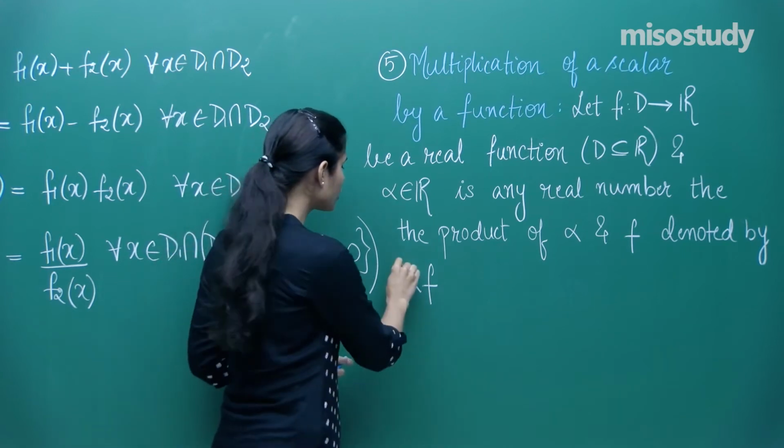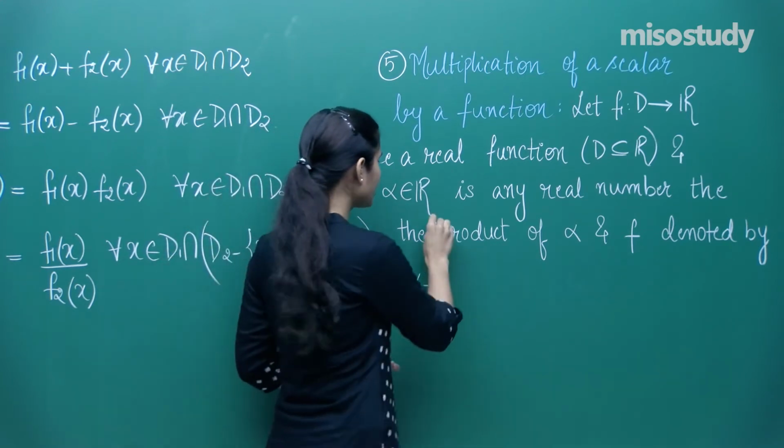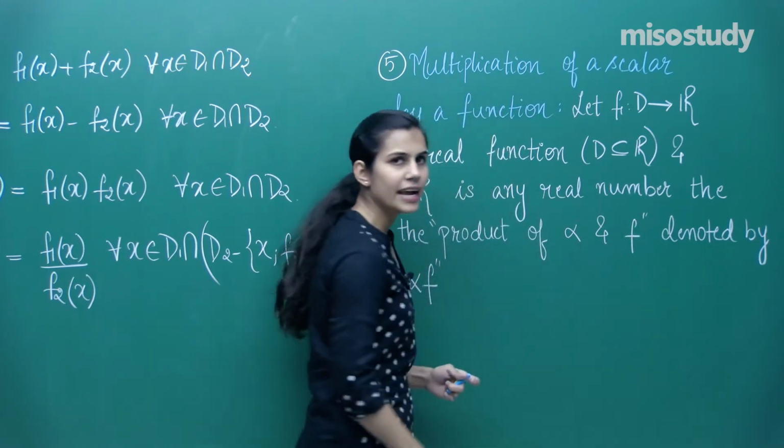This is the notation for denoting product of alpha and f1.